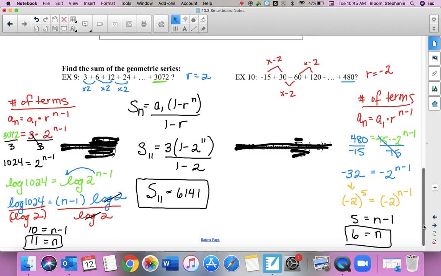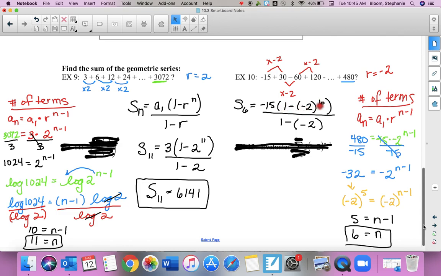So now I'm doing a sum of 6 terms. I do my first term, negative 15, times the quantity 1 minus my r, which is negative 2, to the 6 terms, over 1 minus my r, which is negative 2. You want to make sure that you do this first.